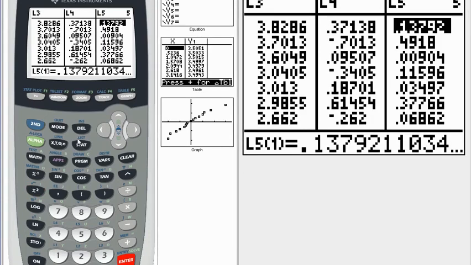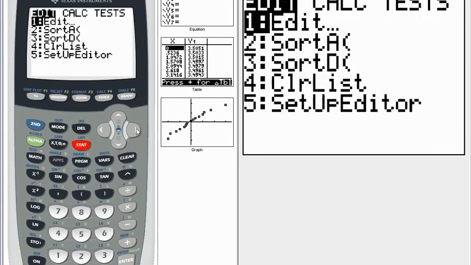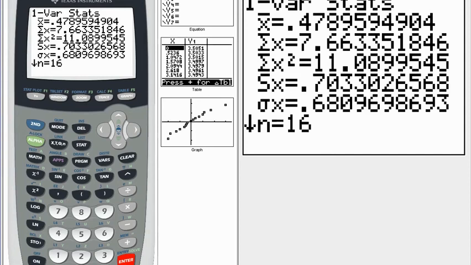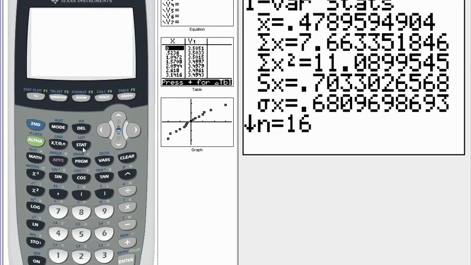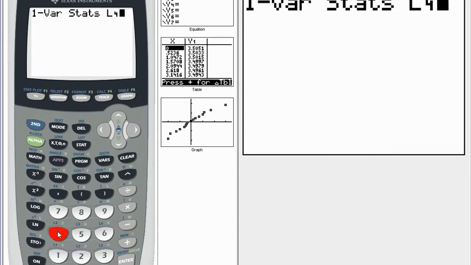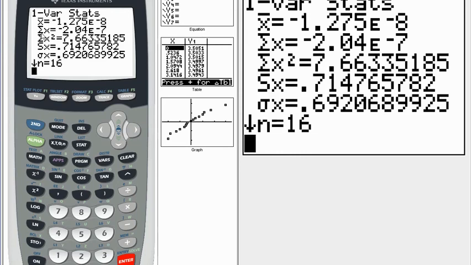And now the fast way to add up this L5 list is to do 1-Var Stats on L5. I can see that the sum of the x values, because remember my x values are the squares, is 7.66335, etc. I could have just as easily calculated the 1-Var Stats on my L4, but if I did it this way, then I'd look at the third row down and you can see it's the same exact number, 7.66335.